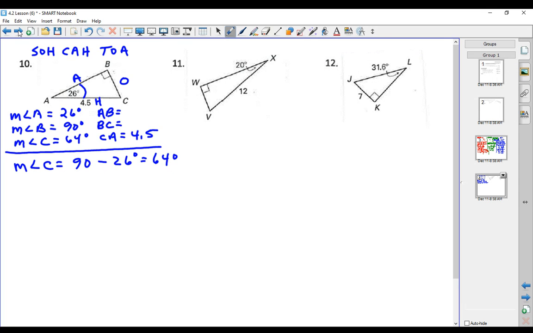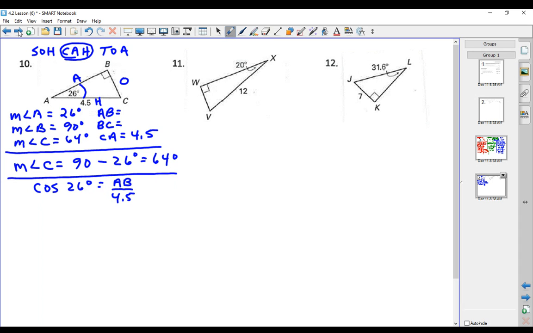If I want to find side AB, I'm using the adjacent, and I know the hypotenuse. The adjacent and the hypotenuse refer back to the cosine function. So the cosine of 26 degrees is equal to the adjacent side, that's AB, over the hypotenuse, which is 4.5.